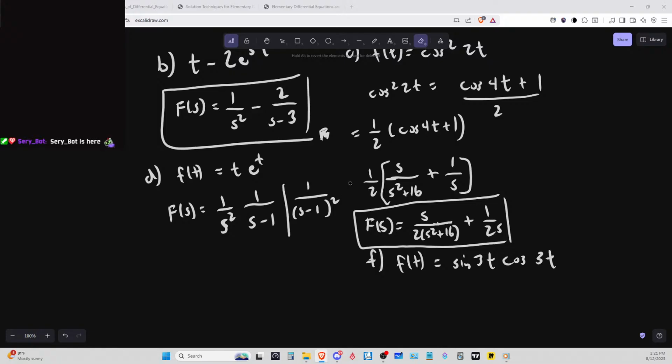Because the answer is this. And I'm wondering why. Because the T is multiplying by the E, is that why it's like that?